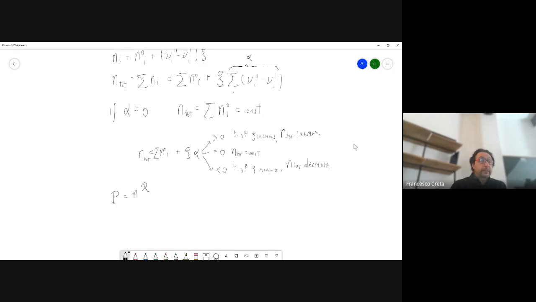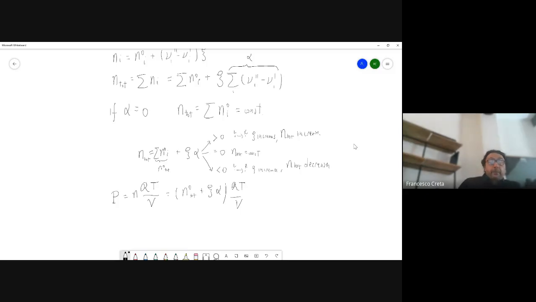In a mixture, this is the total number of moles, clearly, RT over V. So if we write this using this expression, this could be the total initial number of moles plus psi alpha, RT over V, okay?